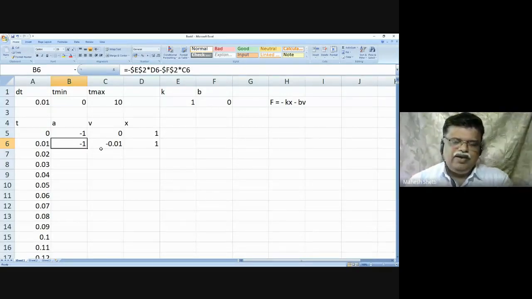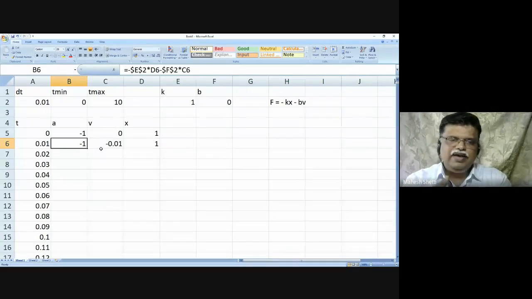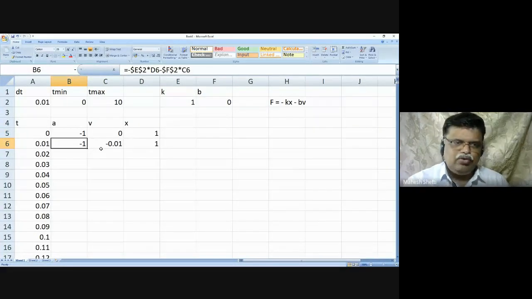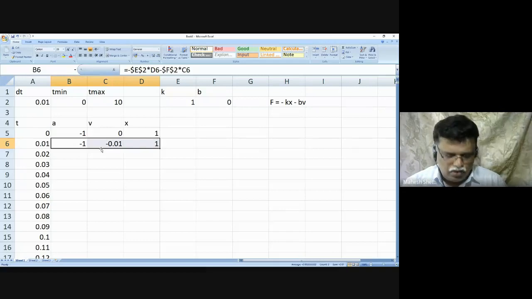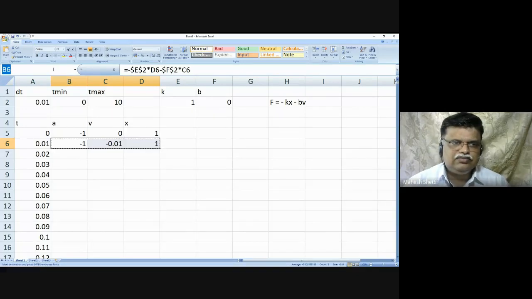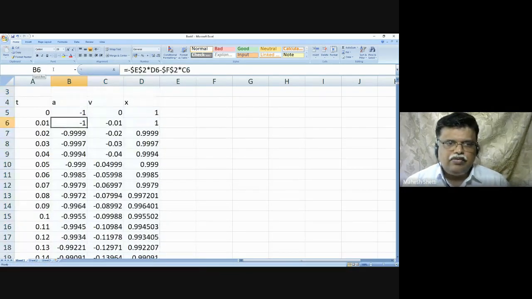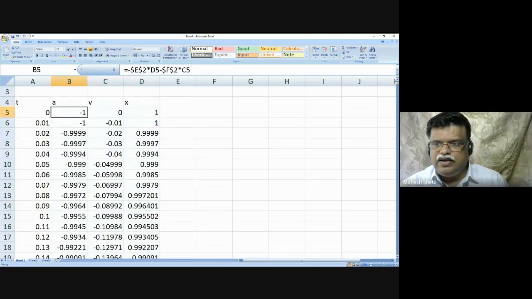When I'm calculating the new position, I'm taking the velocity at the beginning of the interval. Based on that, I'm going to calculate the acceleration. Now I can copy this formula till the end of the cells. Okay, so I've done that.